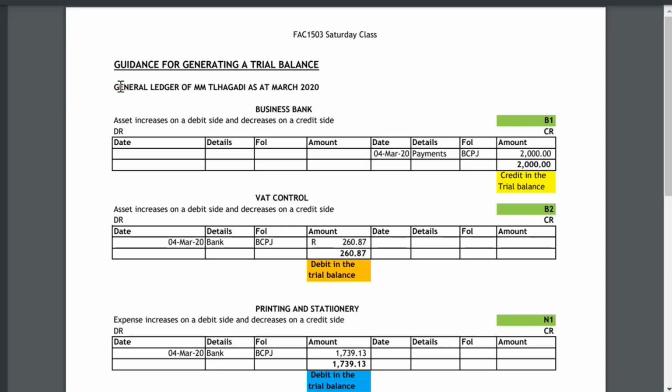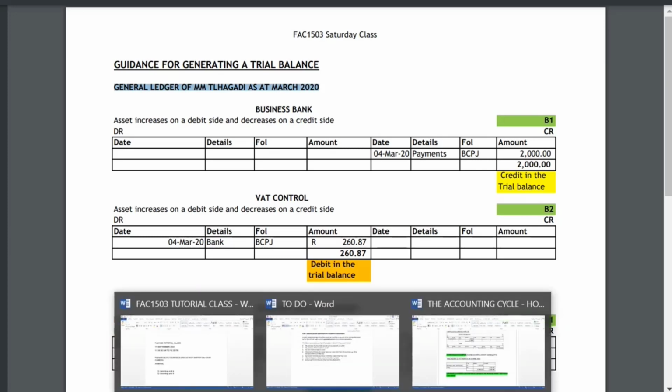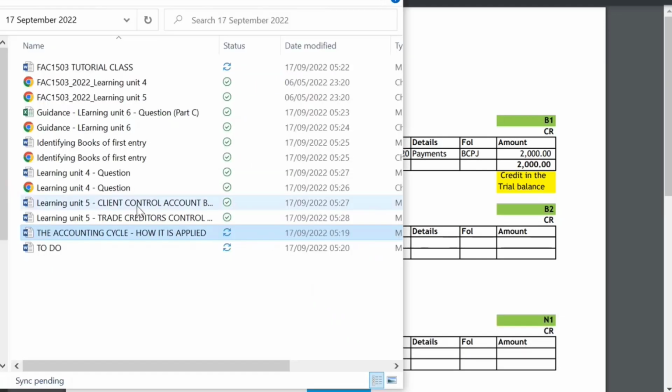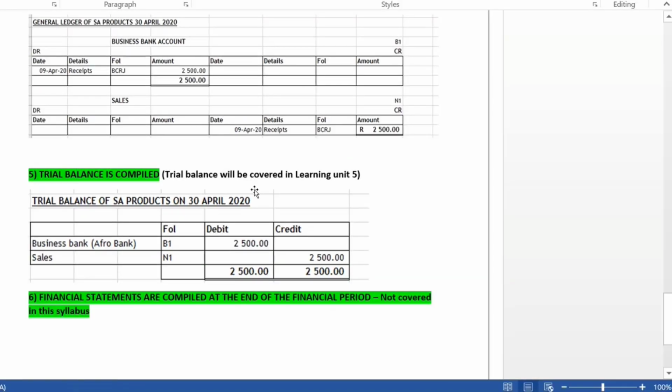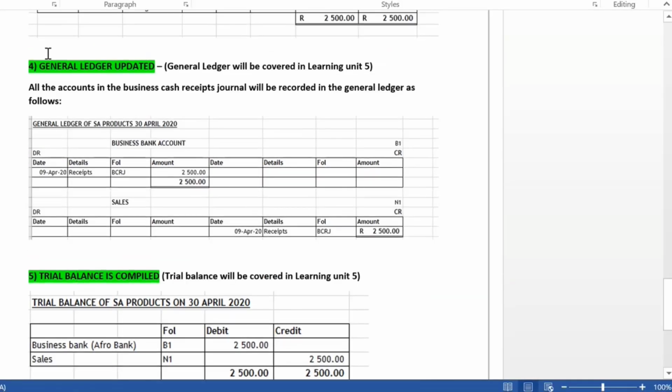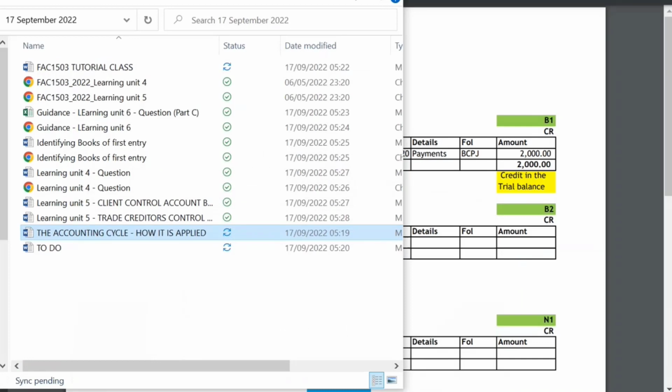Now, I'm going to show you how to generate a trial balance when you have updated your general ledger, when you are in your step 4.